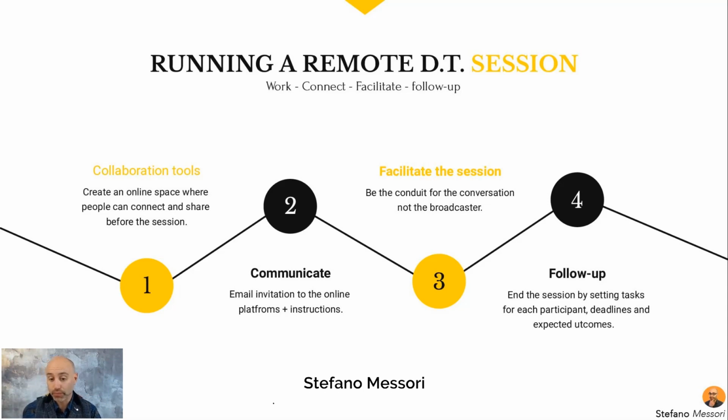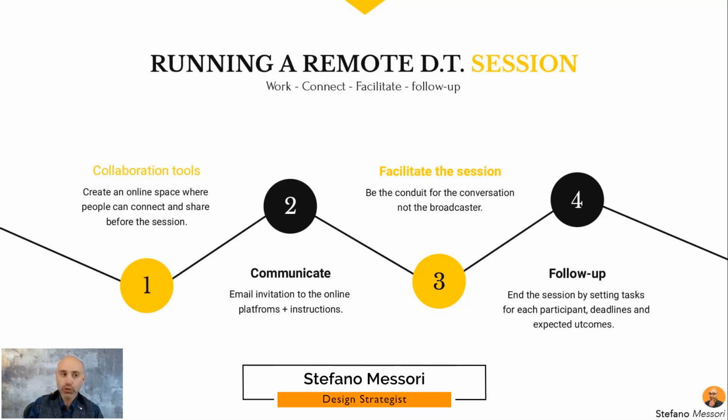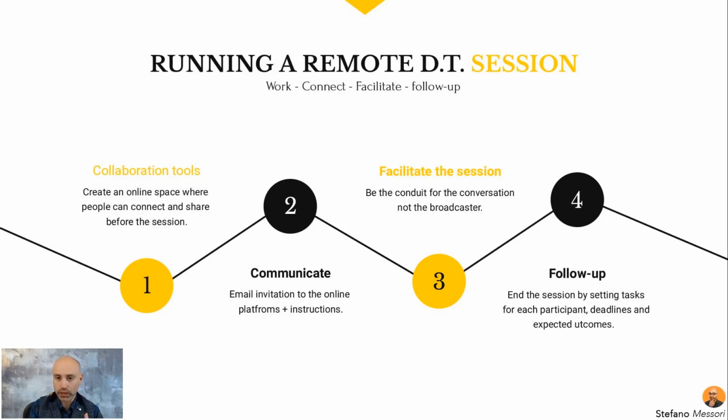Into the project management system. So you finish your meeting with your team with a very clear understanding of who is responsible for the different parts of the design thinking process, if there are deadlines, and how the next meeting will look based on the outcome of the previous meeting.